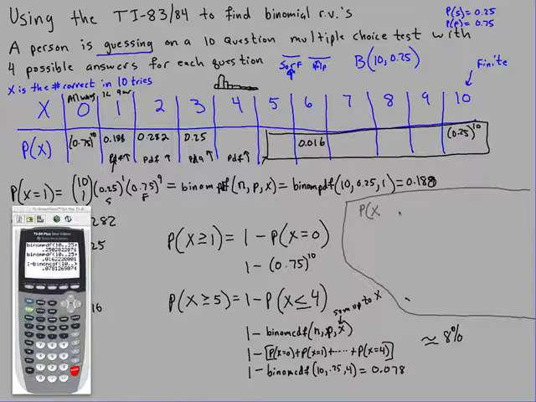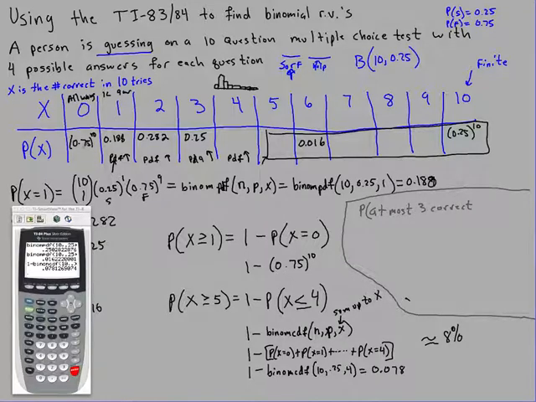You have to get used to the words at least and at most. What's the probability you get at most 4 correct? No, let's not do 4. I just did 4. What's the probability you get no more than 3 right?